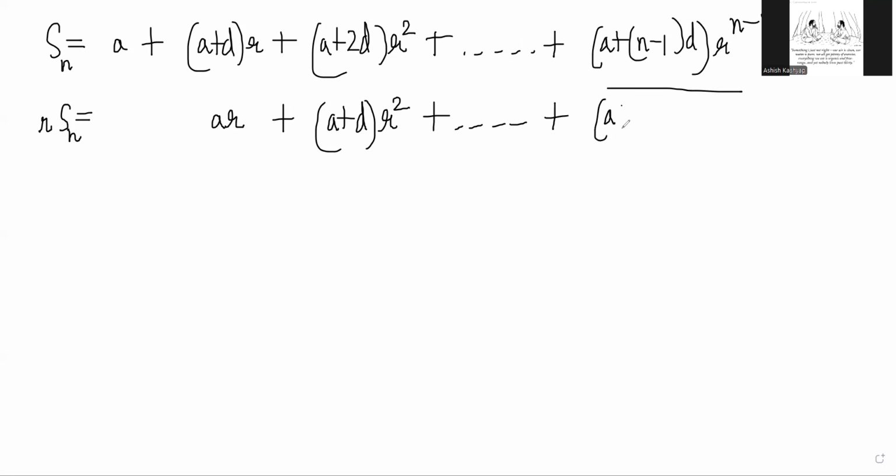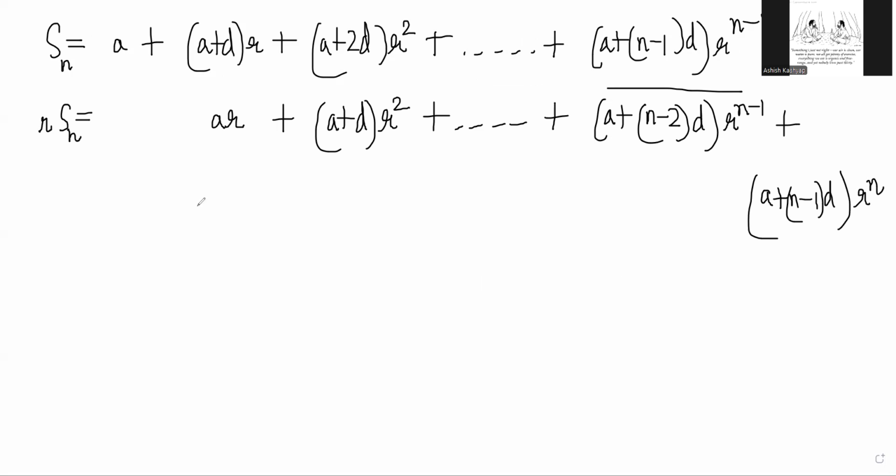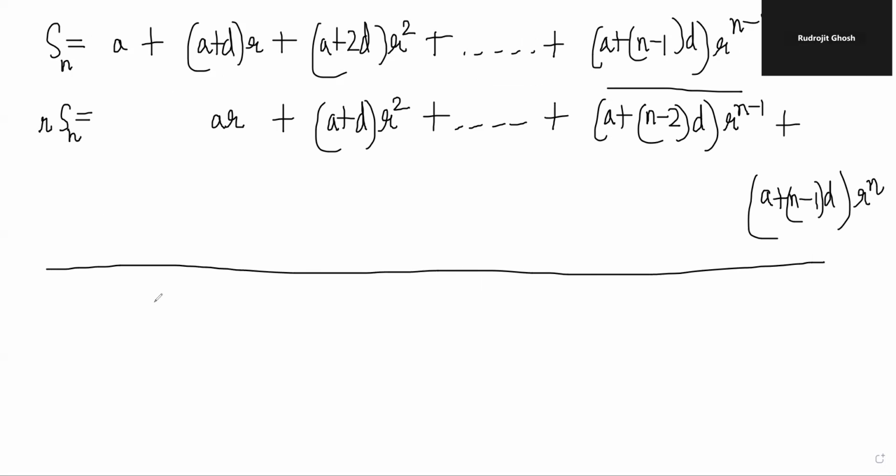So you're shifting it one step. There is an extra term here, which will be (A plus (n minus 1) D) multiplied by R power n. Then we subtract.